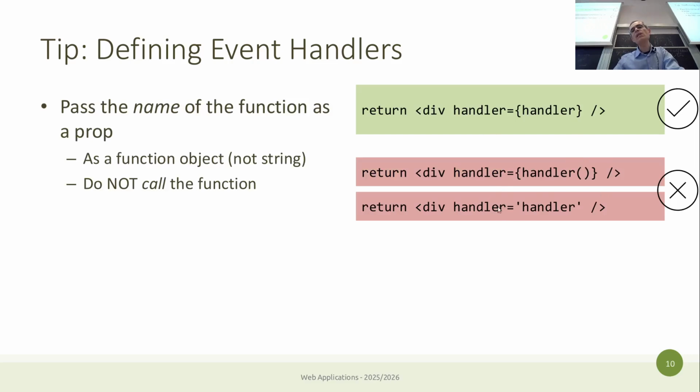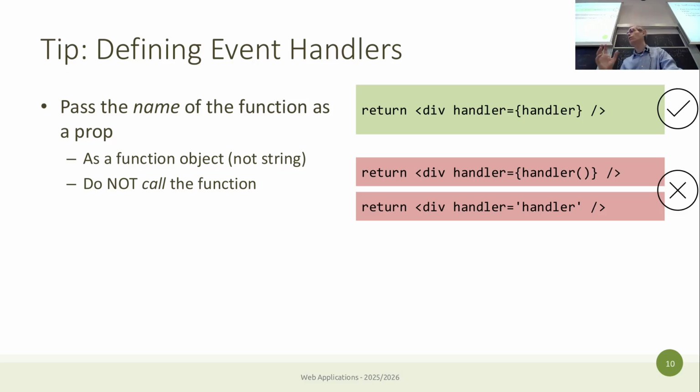So these syntaxes are wrong. Why? The first one, because you call the function, and so basically here you have the return value of the function, which is typically not what you want. You don't want to call a function to get another function as a return value when you write an event handler.